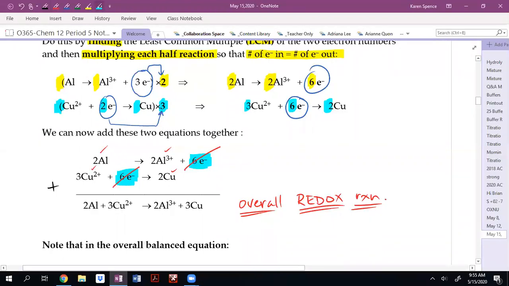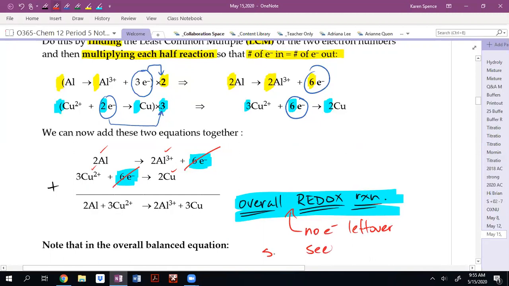No electrons ever in the overall redox reaction. No electrons left over. So you should see no electrons in the redox reaction.